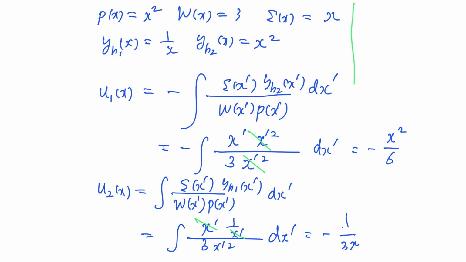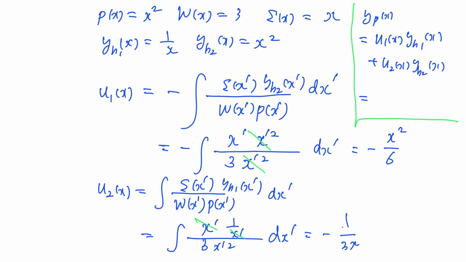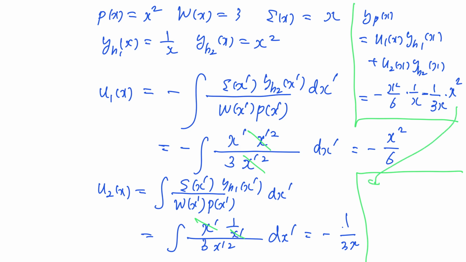Therefore, the particular solution is u1(x) y_h1(x) plus u2(x) y_h2(x), which is equal to minus x squared over 6 times 1 over x plus, actually minus 1 over 3x over x squared, which is equal to minus x over 6 minus 3 over x, right?